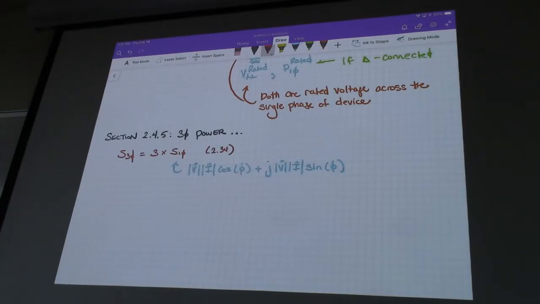Not too much of a surprise there, right? Three-phase power would be equal to whatever the single-phase power is times 3. This is assuming balanced operation. If it were unbalanced, then it would be the sum of all three of those together. However, as far as ratings are concerned, it would be very unusual for the ratings to be unbalanced, because that would mean that you have different components hooked up on the three phases.